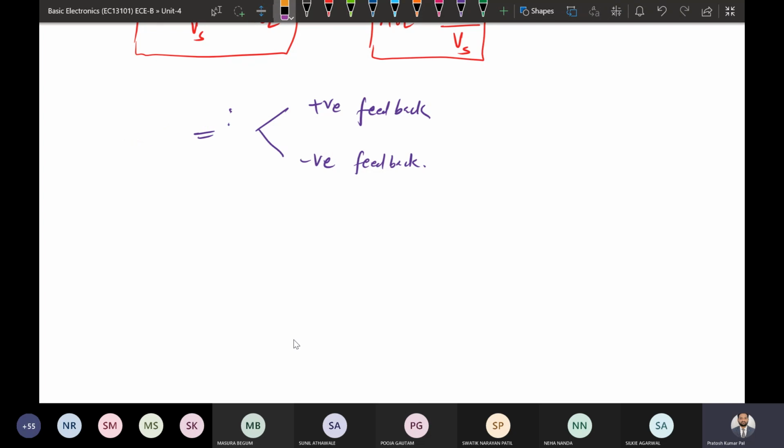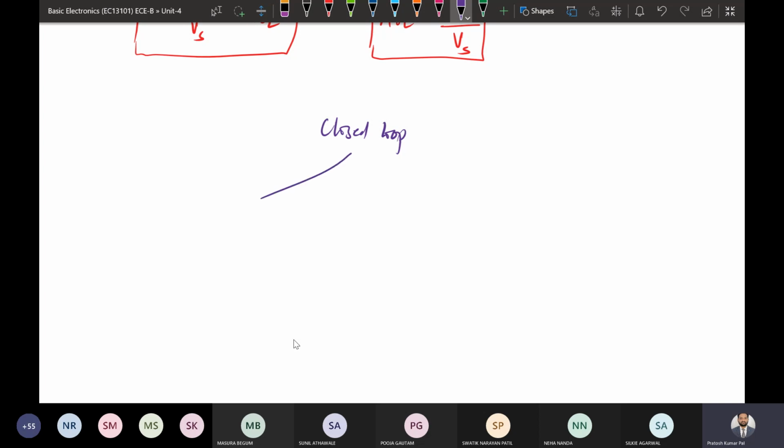We can write it another way so that it will be more interactive. So closed loop can be of two types, that is positive feedback or negative feedback.